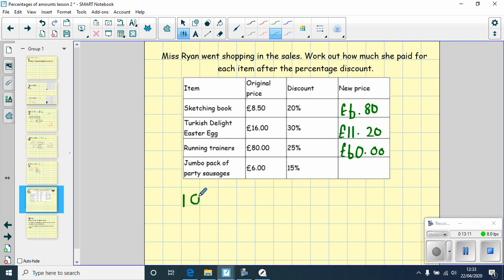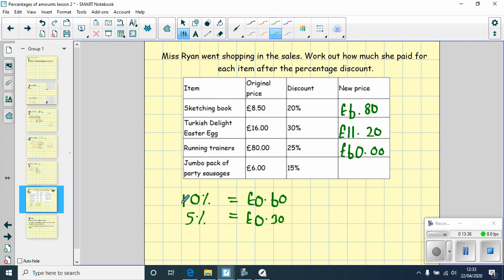Well, 10% of £6 is 60 pence. We did 15% yesterday, if you remember. And then 5%. Well, I know that 5 is half 10%, so I just need to halve 60 pence, which should give me 30 pence.